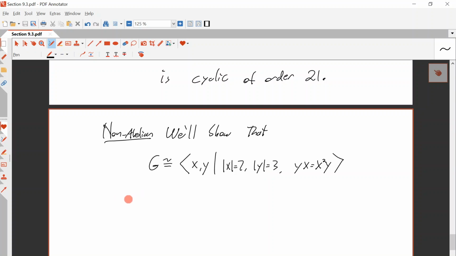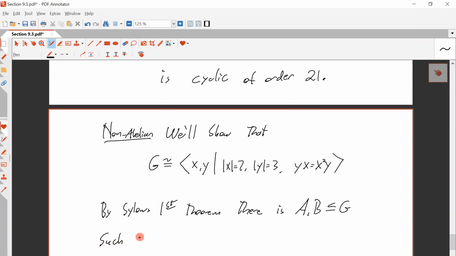Okay, so first, by Sylow's first theorem, there are A and B subgroups of G such that the order of A is equal to 7, and that's prime, so it's got to be cyclic.